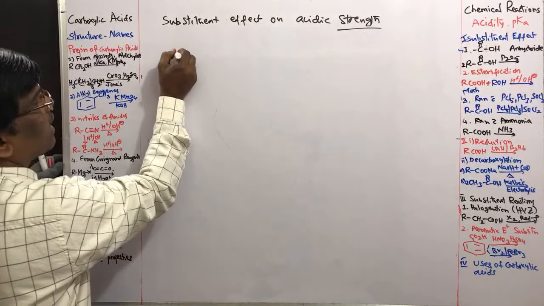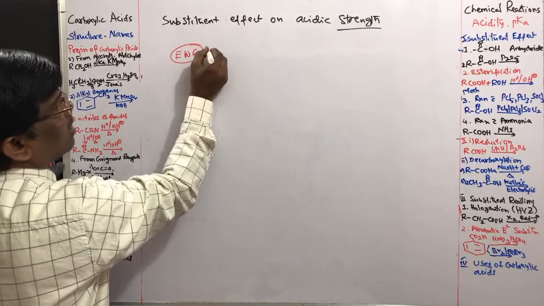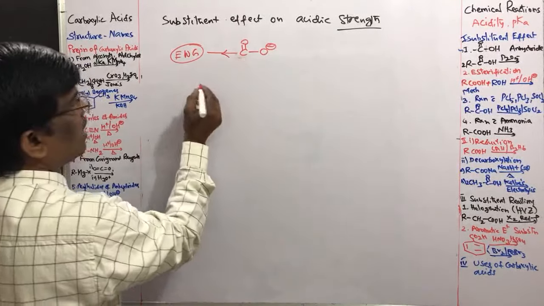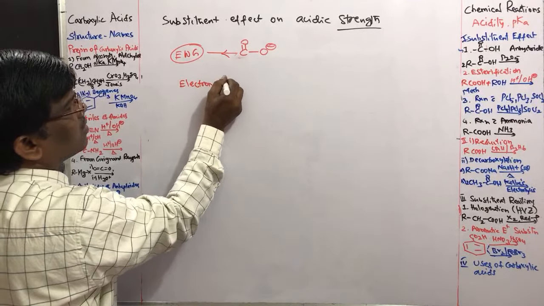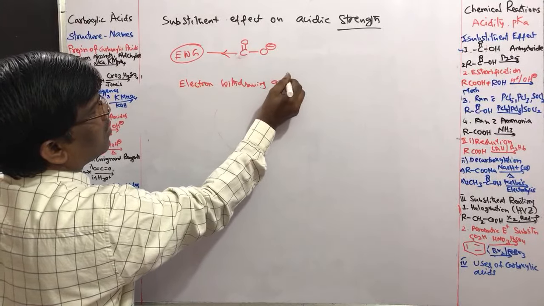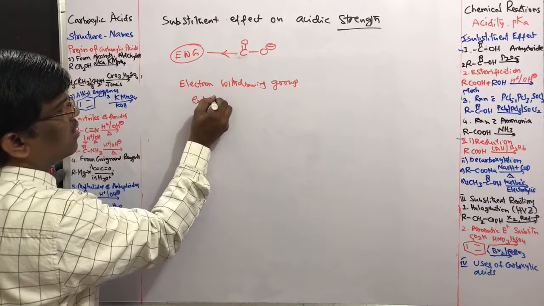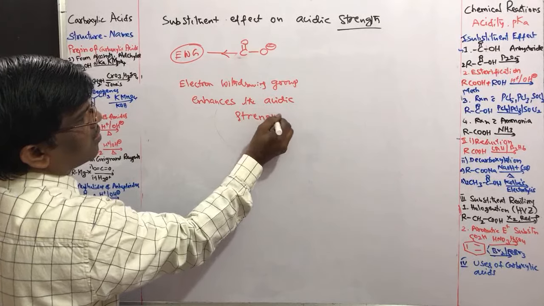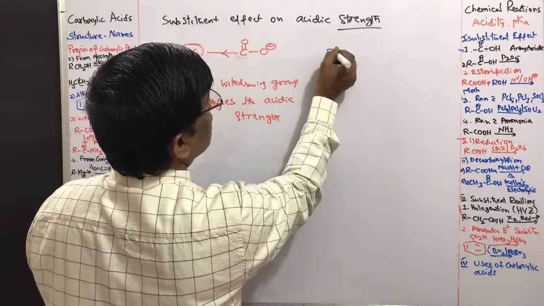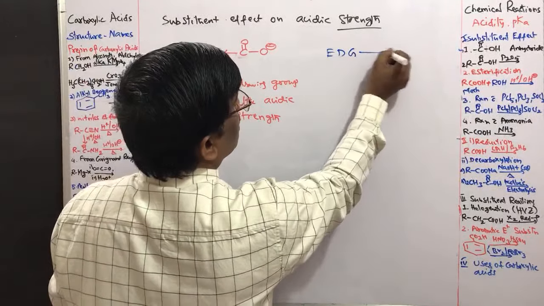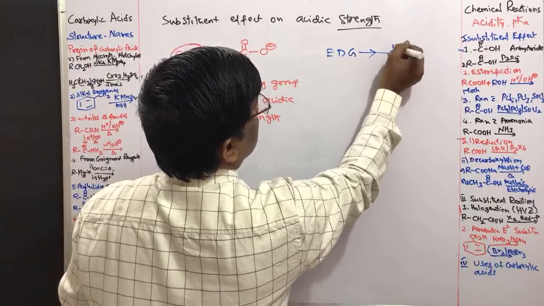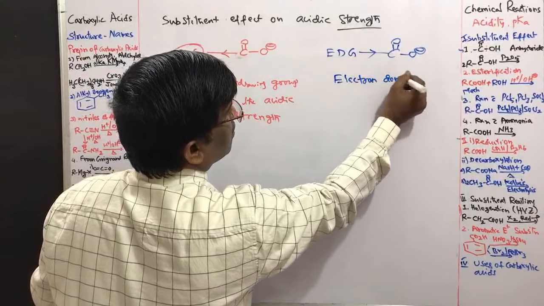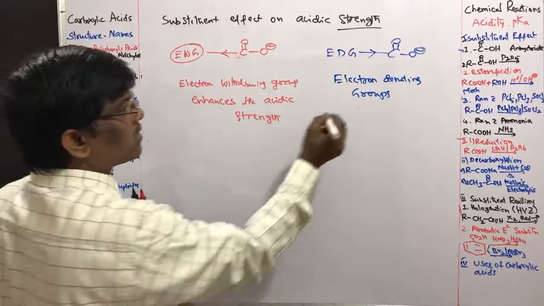So I can say electron withdrawing groups enhance the acidic strength, whereas electron donating groups lower the acidic strength.